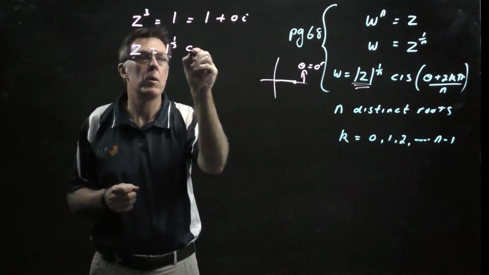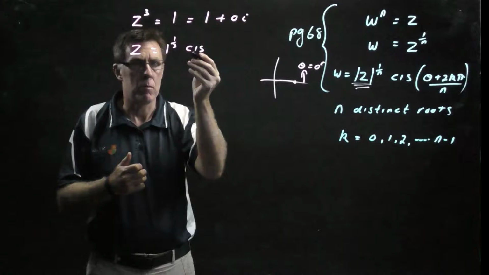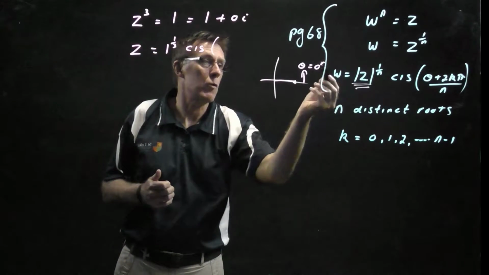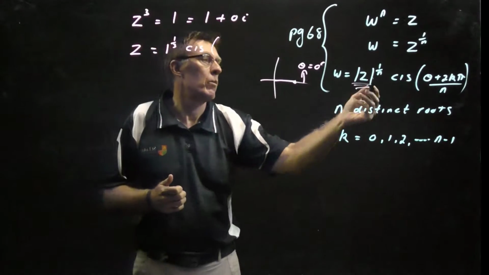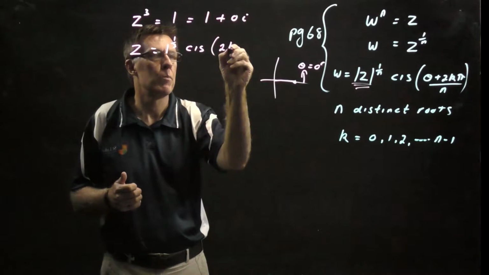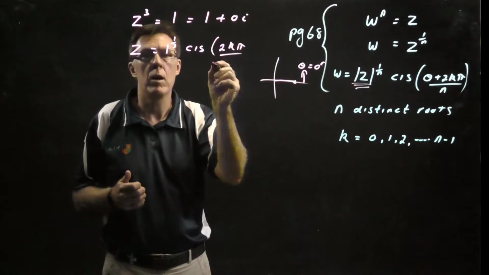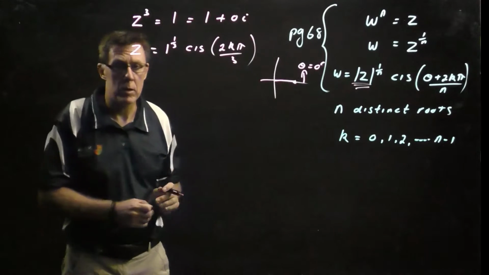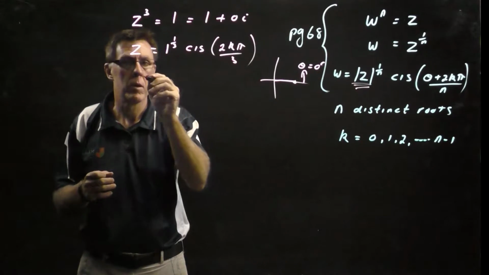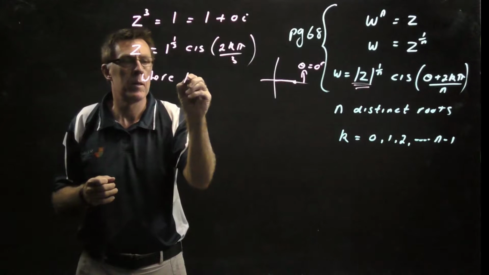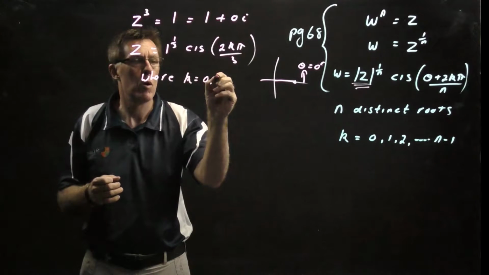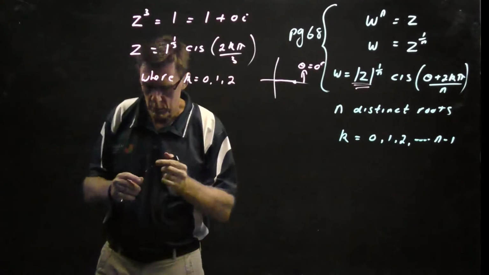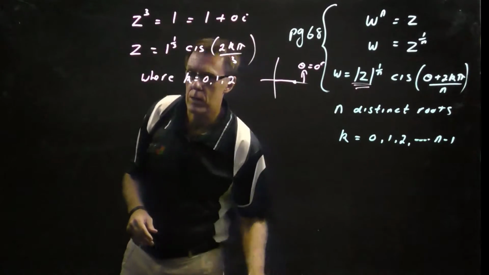And then it's multiplied by cis, cos plus i sine, of the angle, which for us is 0, plus 2k pi over n, in this case 3. We're going to do it for where k is equal to 0, 1 and 2. Let's work through that and see what it actually gives us.